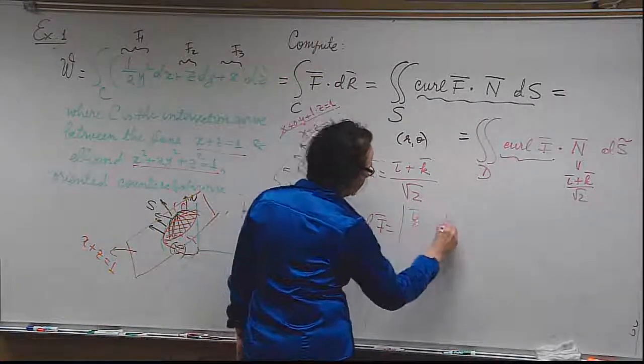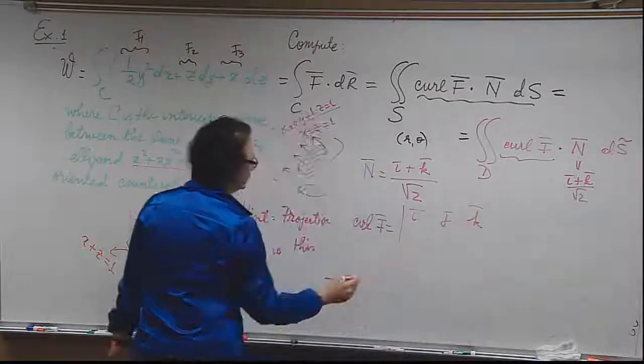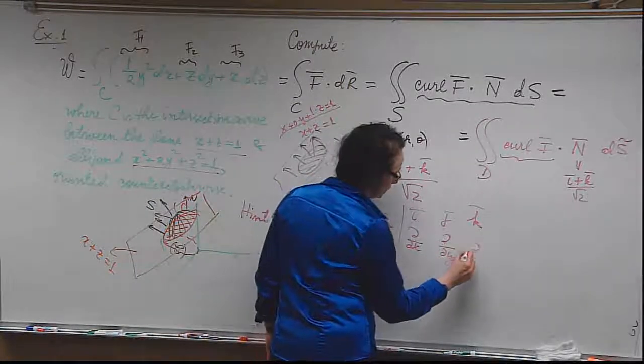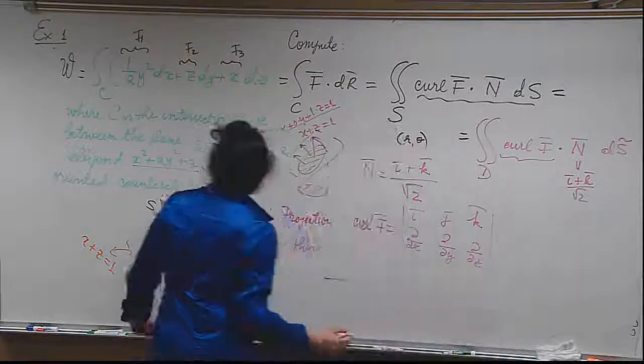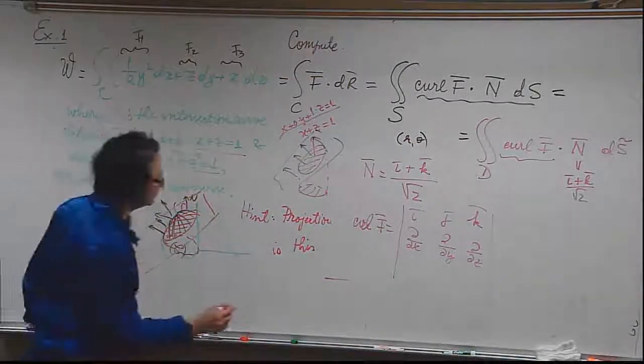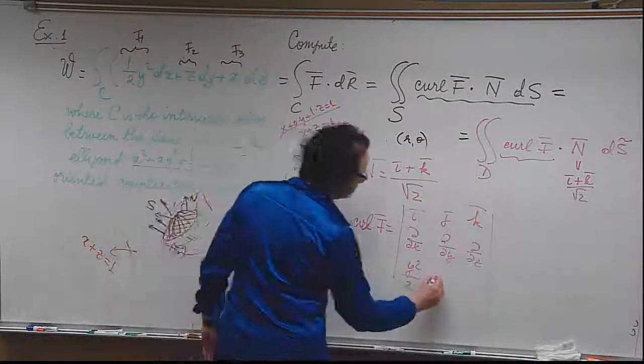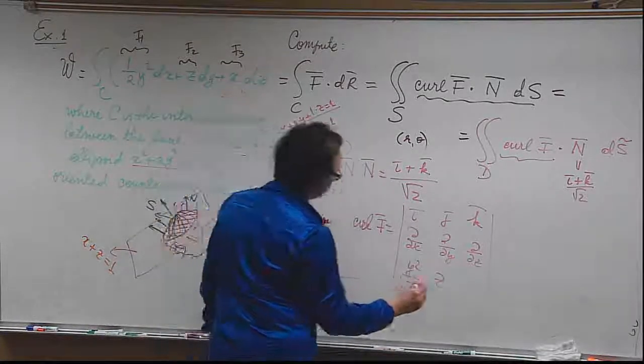So I have i, j, k, d/dx, d/dy, d/dz. Who were the guys? y squared over 2 was F1, z was F2, x was F3.